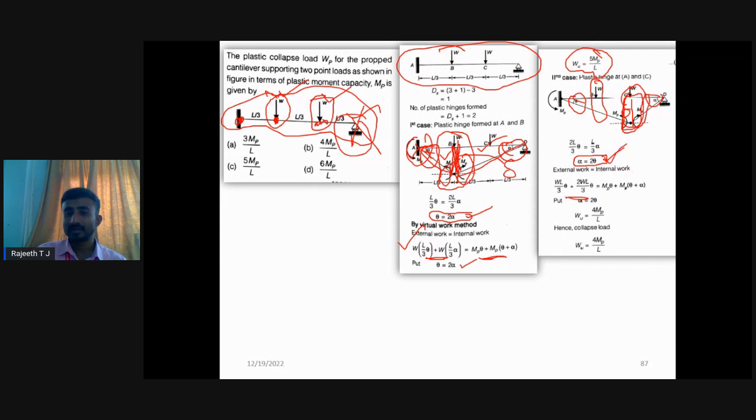Again you calculate similar to the first problem, external work done and also internal work done, and you get the collapse load. Out of these collapse loads, the least will be 4 MP by L. If you apply 4 MP by L, the beam will go to collapse. So out of these two mechanisms, 5 MP by L and 4 MP by L, the least value is 4 MP by L. That is your answer, option B is the correct answer.